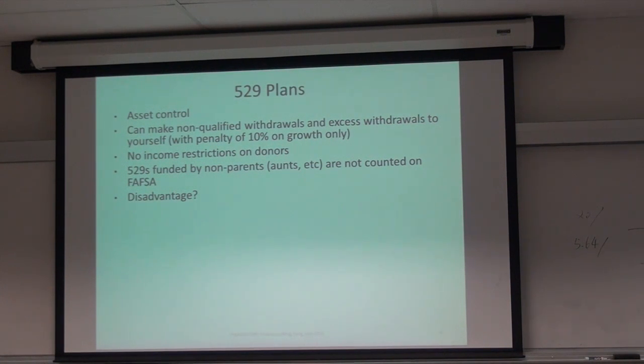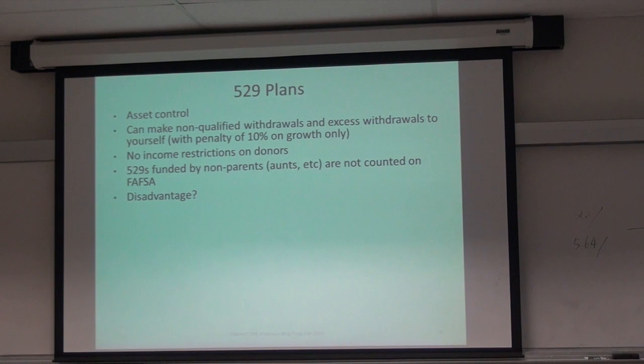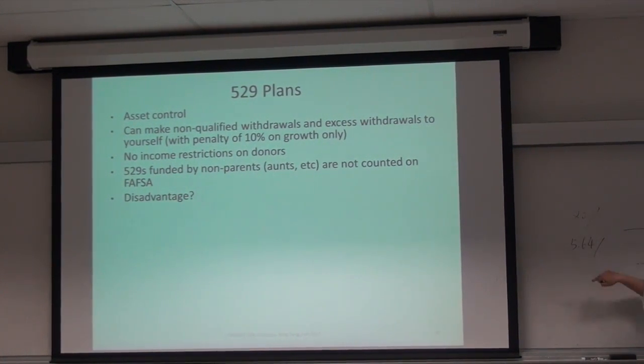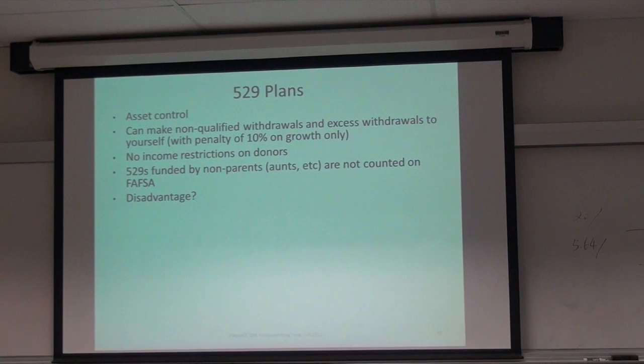But beginning in 2009, even if the money is in the children's name, they will use the parents' rate for the 529 plan, not the children's rate. And when you withdraw the money to pay your tuition, because it was already considered as assets, it won't be considered as the children's income. Is that clear? You can see it's changing every year, and it's very complicated.